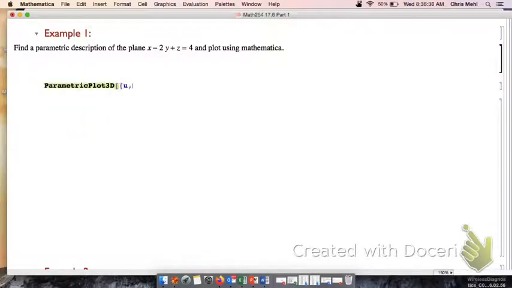The x function was going to be u, the y function is v, and then remember we solved for z and got 4 minus u plus 2v.